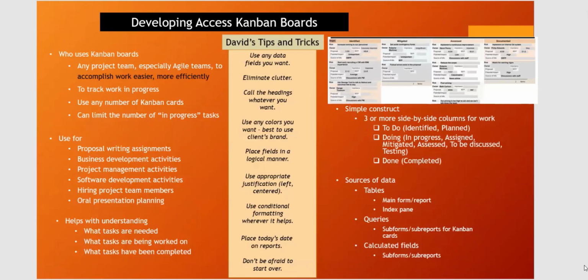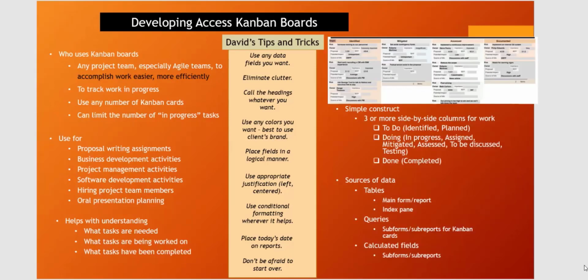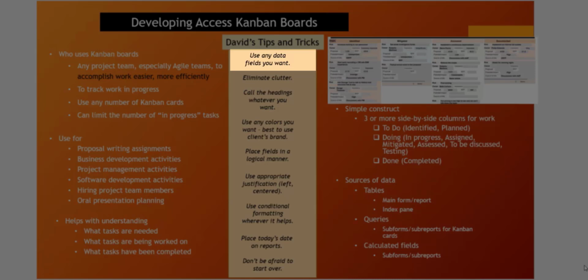So this is kind of busy. I'll try to go through, first of all, my tips so that you can come back and see what I think you need to do to create a good Kanban board. First is to use any data fields from your main table or from your queries in your Kanban boards.